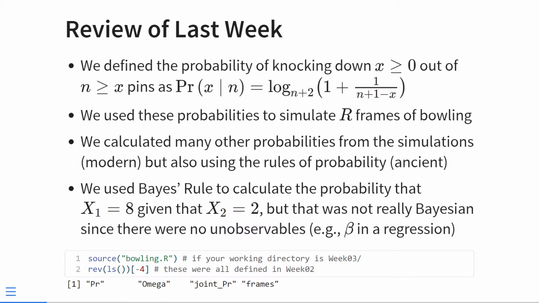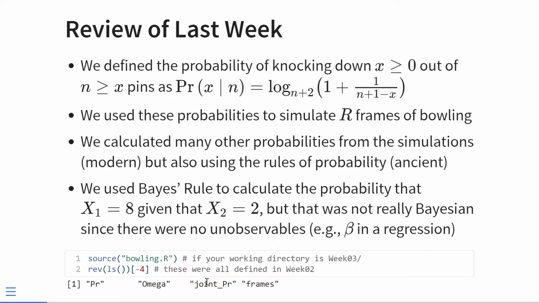Okay. So now in your R console, if you do source bowling.r, it will load in the things that we did last week. So this is how you can tell that the stuff that we did at the beginning should work. It should create at least 4 things. PR, which was the function we defined to evaluate this probability here. Omega, which is the set of integers between 0 and 10 inclusive.